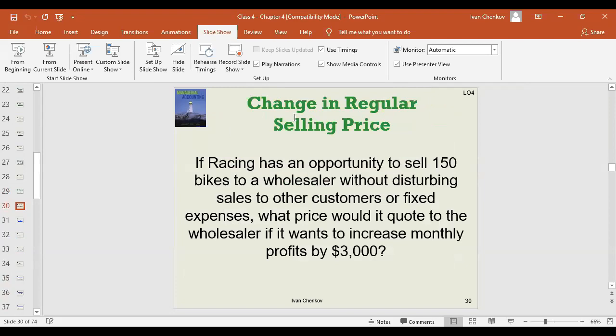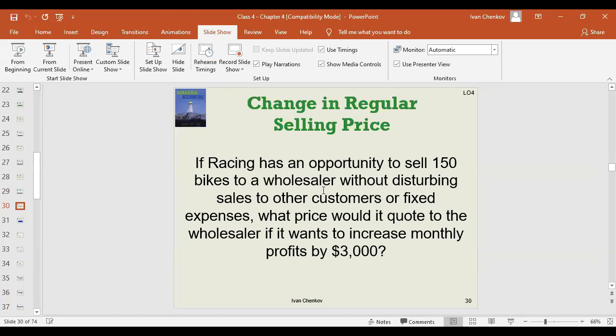Next scenario is changing the regular selling price. If this company has the opportunity to sell 150 bikes to a wholesaler without disturbing the sales to other customers, what price should it ask the wholesaler if it wants to increase the monthly profit by $3,000?